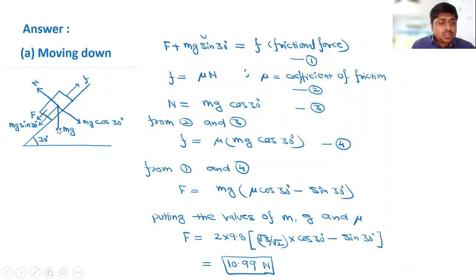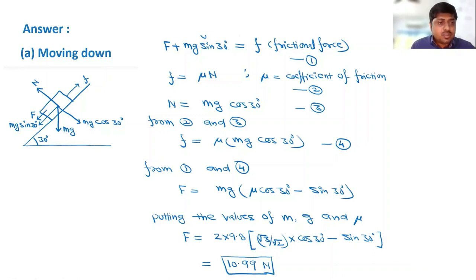So this force mg can be divided into two components. One is in the opposite direction of this reaction force, that will be mg cos 30 degrees, and one will be along this inclined surface, that will be mg sin 30 degrees. Suppose here we are applying one force F so that the body can move downward.